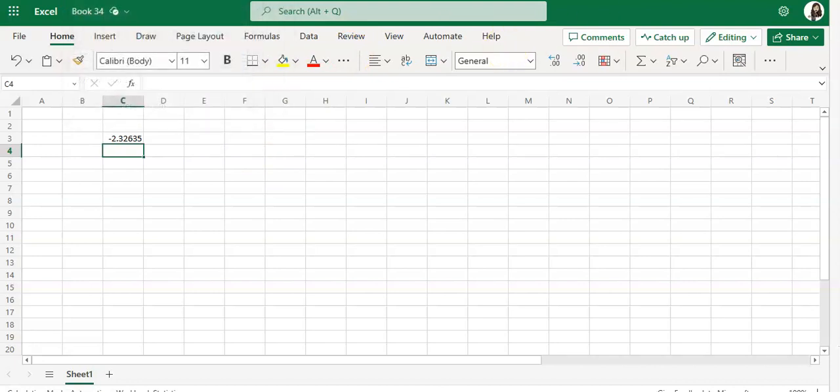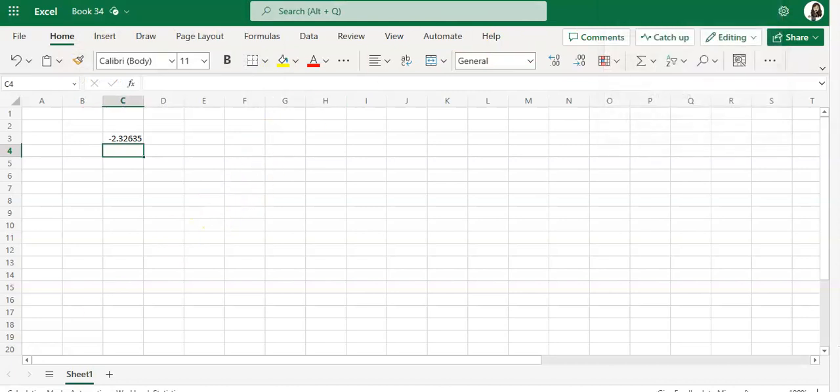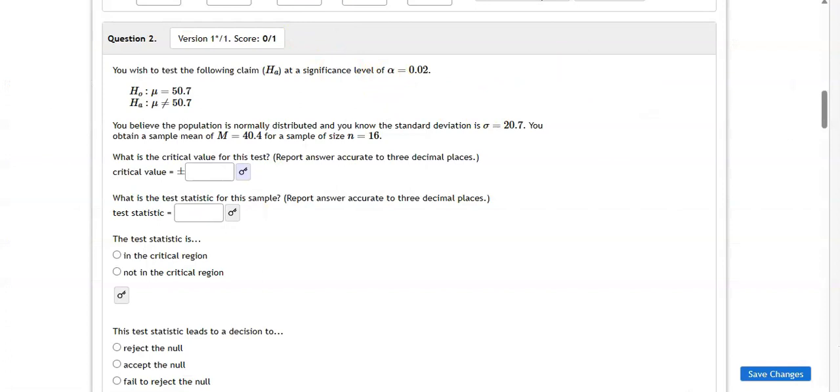So let me go back. Let me write that down so I don't lose it. Okay, so I'm going to draw that picture again just so we can understand for the second part of the problem how we determine the answer to those questions. And I know my curve is not perfectly symmetric, but we're just going to imagine that it is.